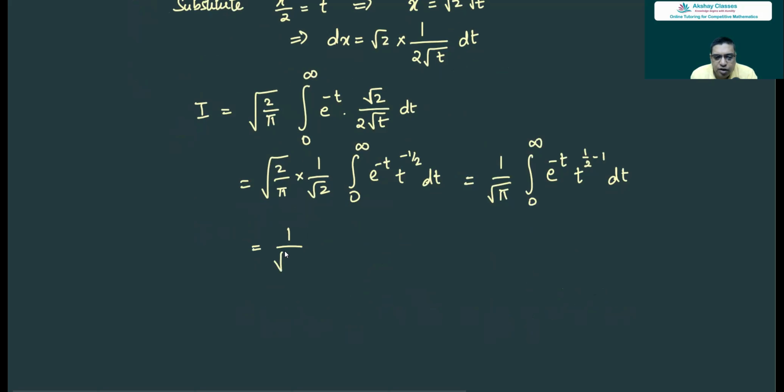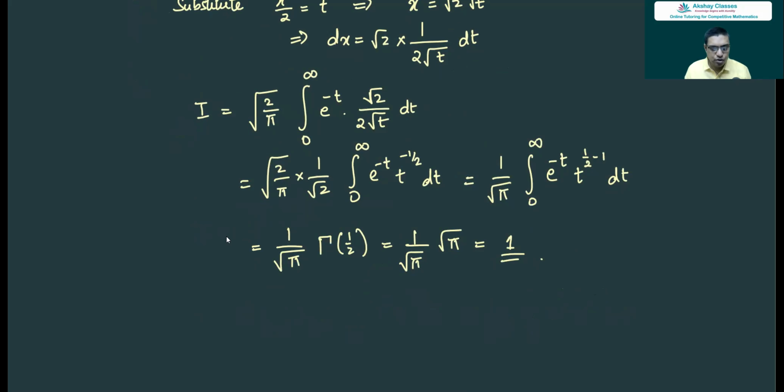This is 1 upon under root pi gamma of half. So 1 upon under root pi times root pi, which is 1. So this is the result.